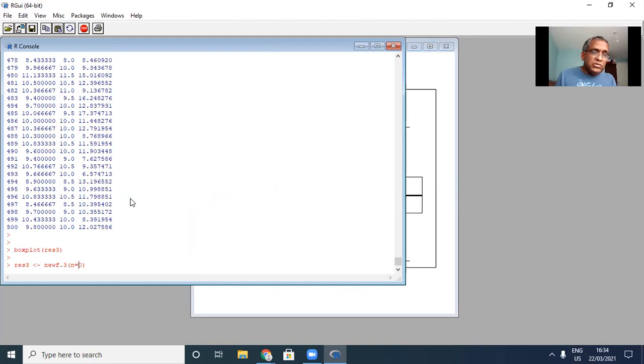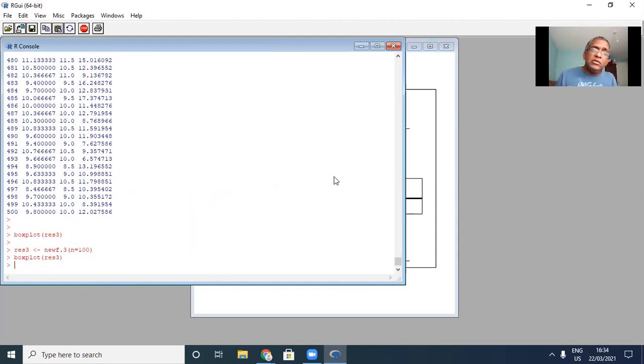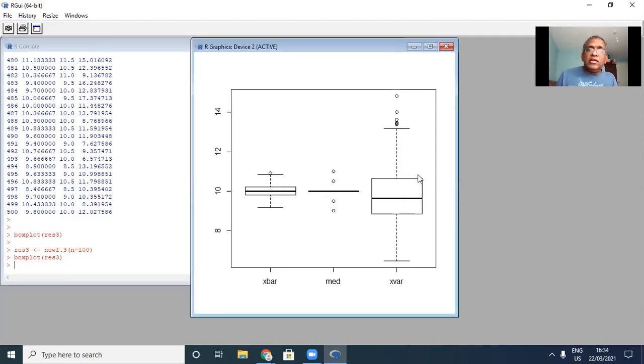Now, if you change this to n equal to 100 and then do a box plot, this is what you will get. Again, the story is the same, right? The sample median has the smallest variability for the reason that I just explained, because the sample median can only take values that are actually in the data. That is not the same with the sample variance or sample mean, right?